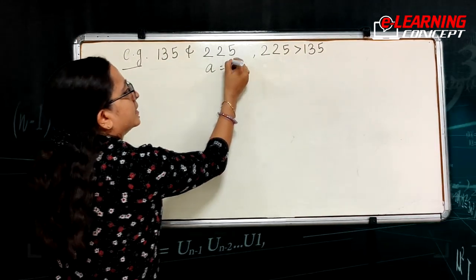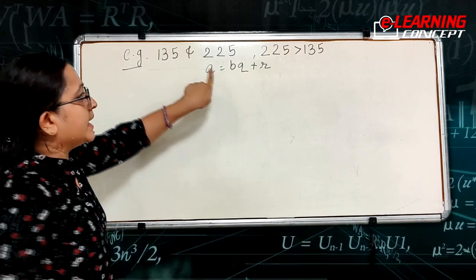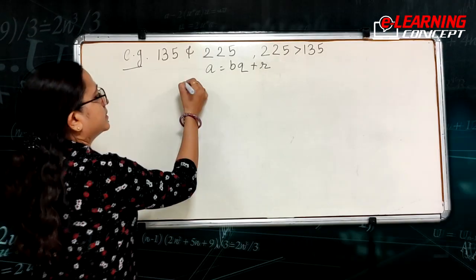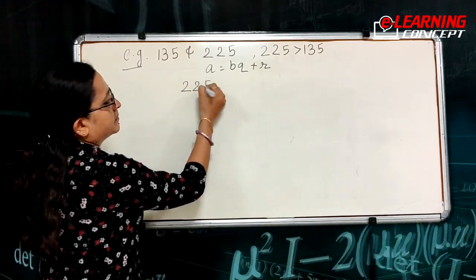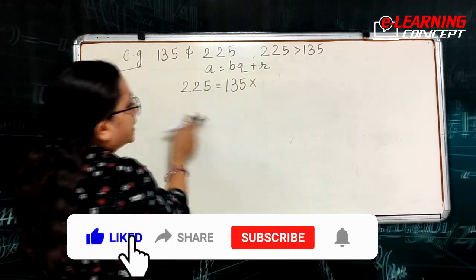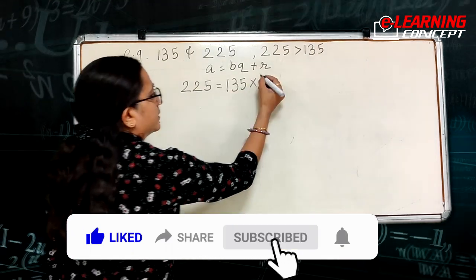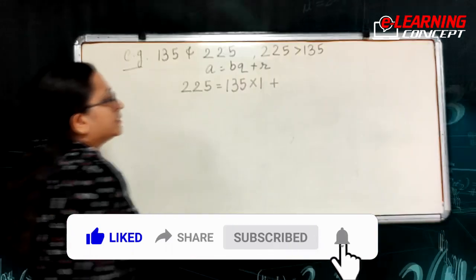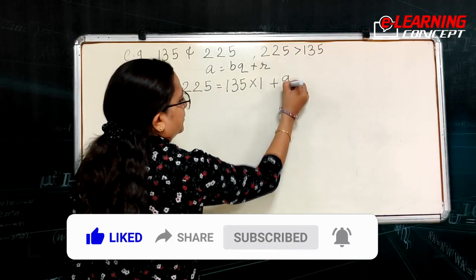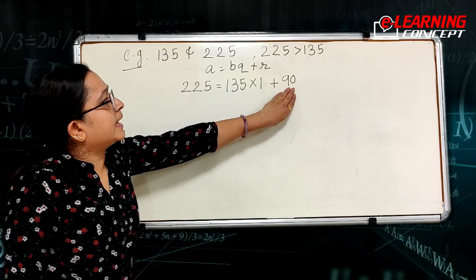So as this is the greater one, we'll put them in the algorithm form. Taking a = 225. When you take the division, what do you get as quotient? Yes, 1. And the remainder 90. Next step, see here we didn't get the remainder 0.